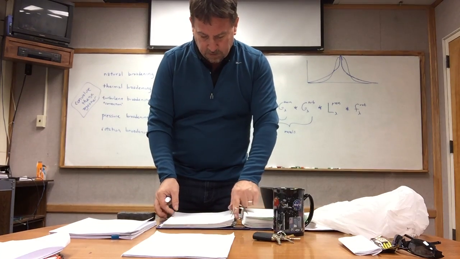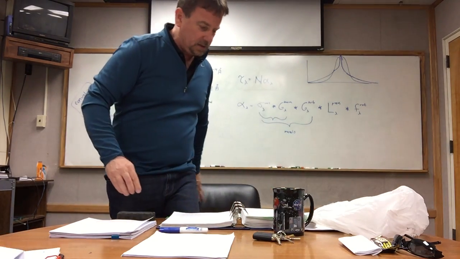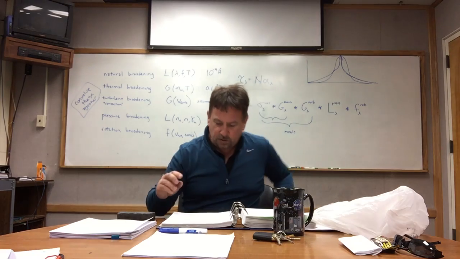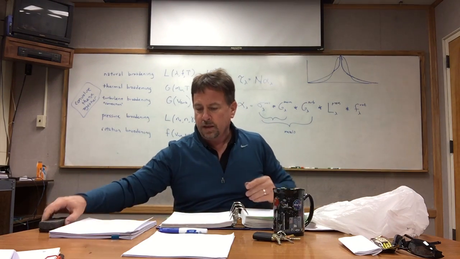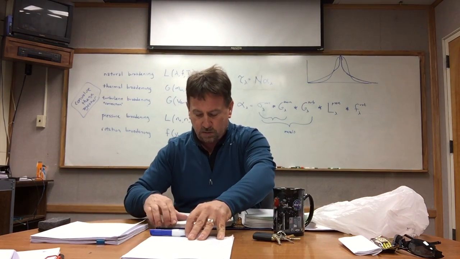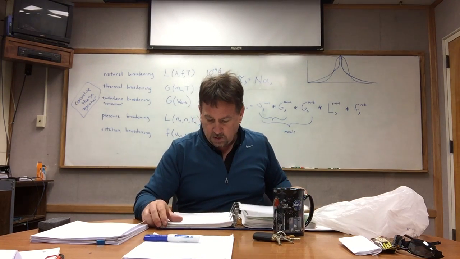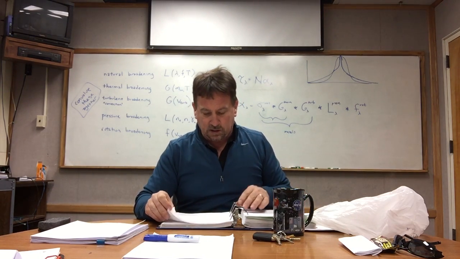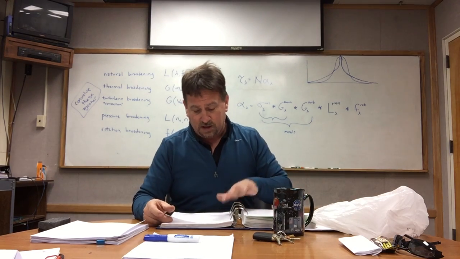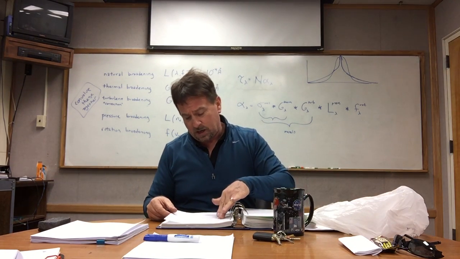Okay. So let's look at these notes. I think at first I talk a lot about the natural broadening. This is a review, basically. I don't want to go through it again, the Einstein A coefficients and the oscillator strengths.